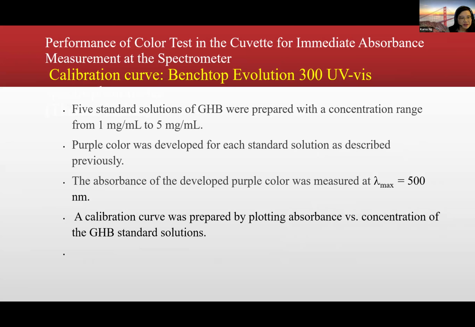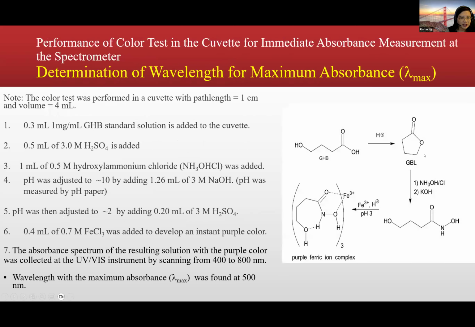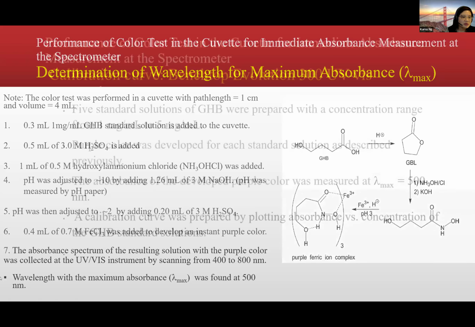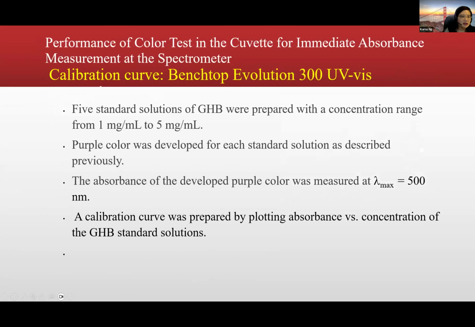So just to test it, we try to see if this method of developing the color, carrying out all these 6 steps of reaction in the cuvette, and then detecting it immediately to find the absorbance, works. Before we take it to the wireless spectrometer, we try to detect it with the benchtop traditional UV instrument. So we prepare 5 standards, and then we carry out the color test.